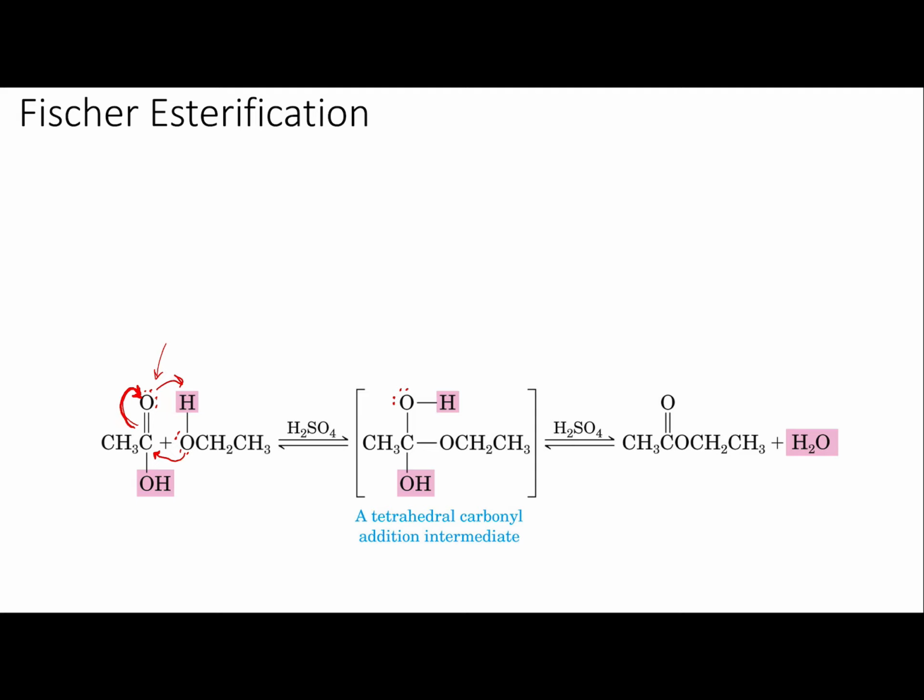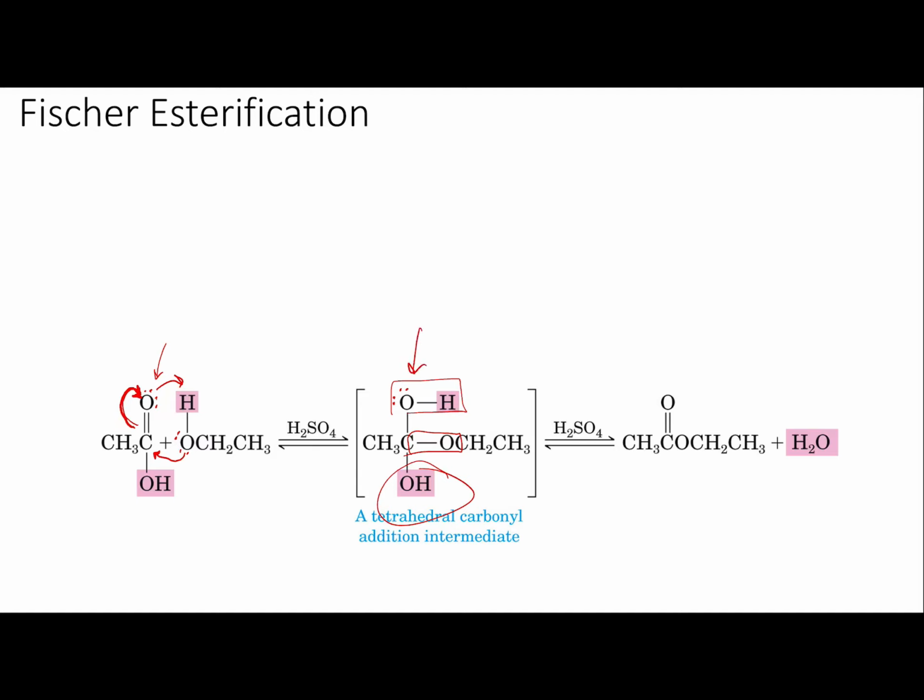So we get some group switching. We get a new bond forming here, and then we get a new bond forming here, and then eventually we're going to get the loss of a water. This intermediate loses an H2O to give an ester. And that could be this part up here.